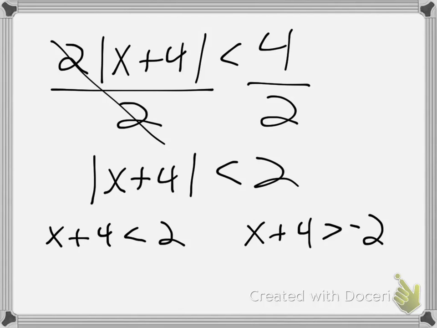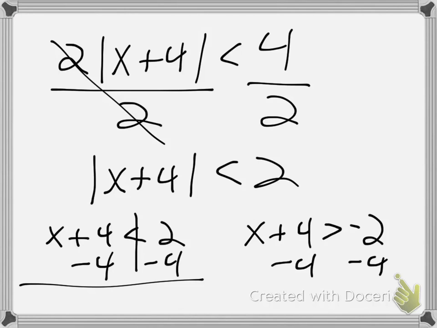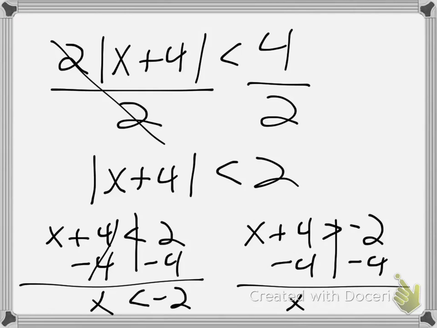So now let's solve it. Subtract 4 from both sides on both of the inequalities, and I get x is less than -2 on one side, and over here I get x is greater than -6. And that's my answer. I'm done.